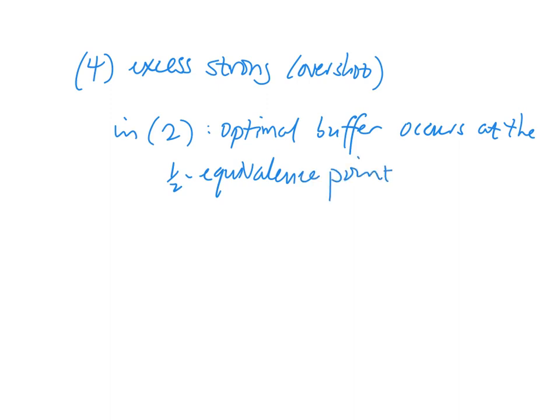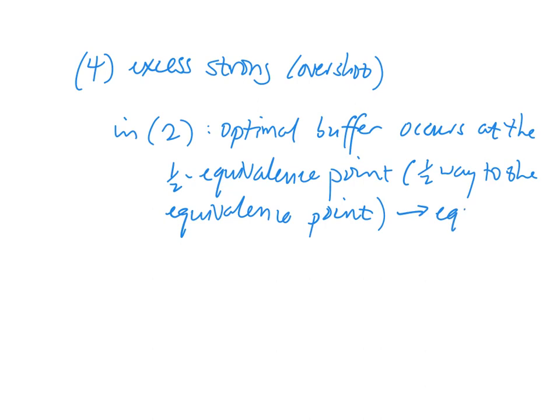That's when you've added exactly half as much of your strong acid or base as you have of your weak one. So you're literally halfway to the equivalence point. And when you've done that, you are now left with equal amounts of your weak acid and base. So you have equal amounts of HF and F minus, or NH3 and NH4 plus, etc.